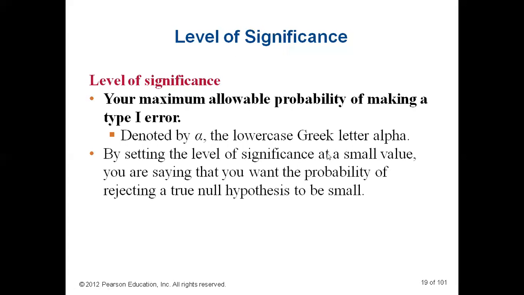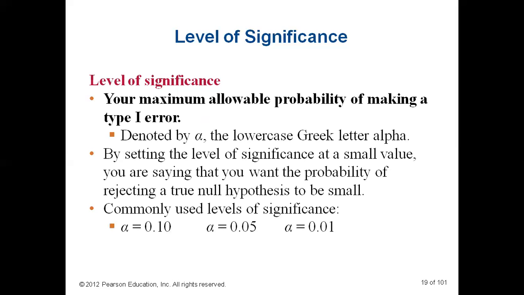By setting the level of significance at a small value, you are saying that you want the probability of rejecting a true null hypothesis to be small. If your significance level is small, then the chance of error is also small. If the value of alpha is small, then the chances of error will be small.